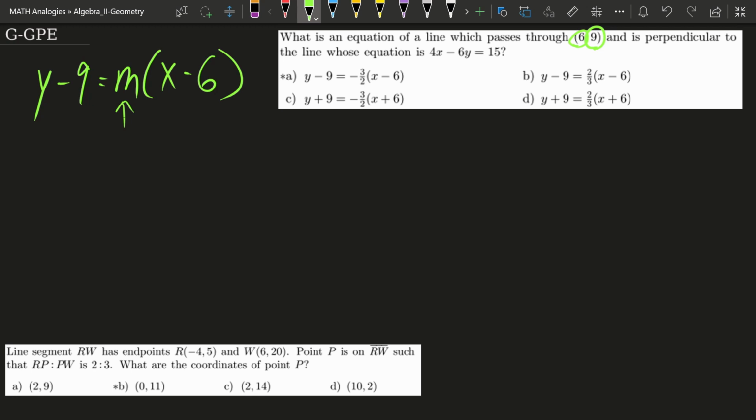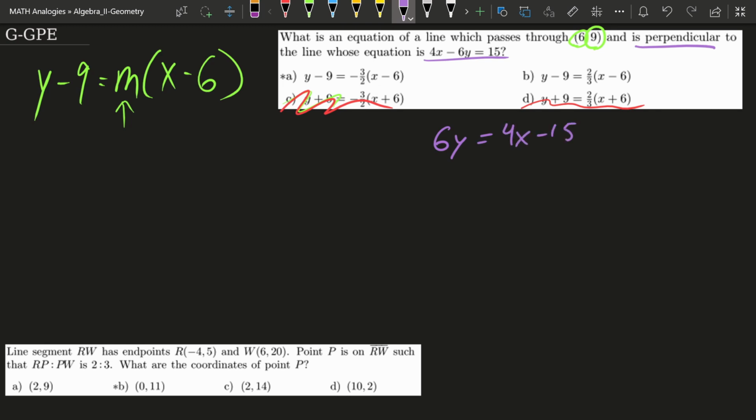Well, right off the bat, the answer is probably not going to be C or D, so it's between A and B. Now, we want to be perpendicular to this line. What is the slope of that line? Well, we could rewrite it as something like 6y equals 4x minus 15.